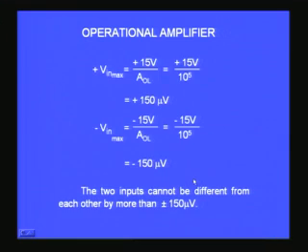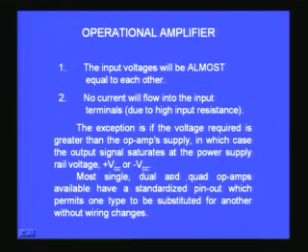So with this concept in background, we can get the two important concepts with reference to understanding the operational amplifier circuits. They are, the two input voltages will almost be equal to each other within plus or minus approximately 150 microvolt. The second important point is no current will flow into the input terminal ideally.